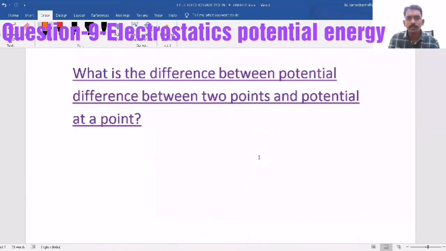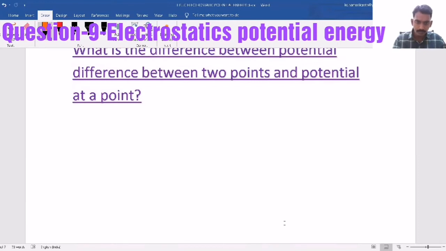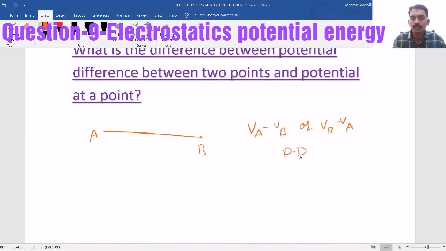Then comes the difference between potential difference between 2 points and potential at a point. When you consider 2 points, let's take this is A and B, then VA minus VB or VB minus VA, we call it potential difference.